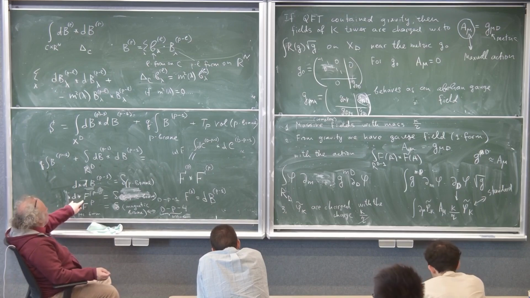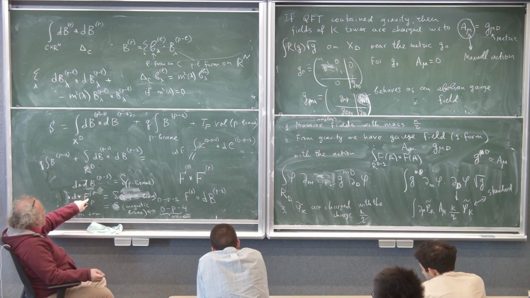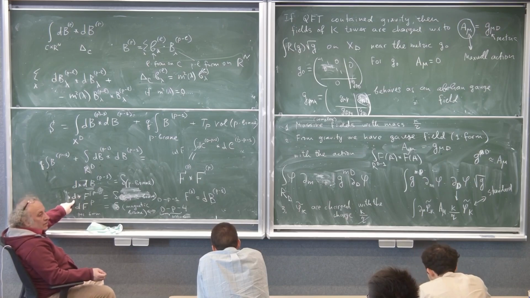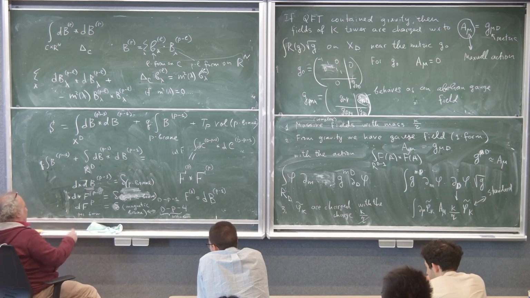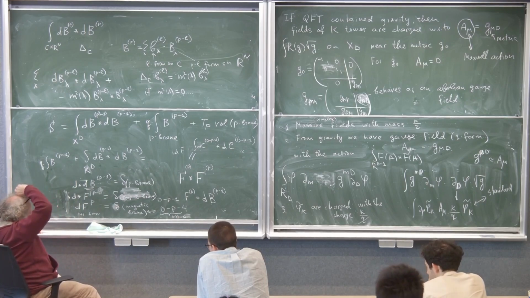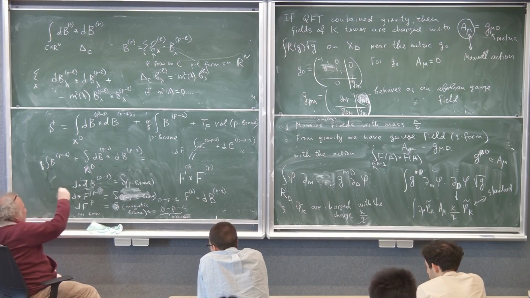Okay, let's compute it again. This is a p form. When I apply star, it is D minus p form. When I apply d, it is D plus 1 minus p form. When I apply star again, it's p minus 1 form, right? Maybe the star you shouldn't have added. So it is p minus 1 form.